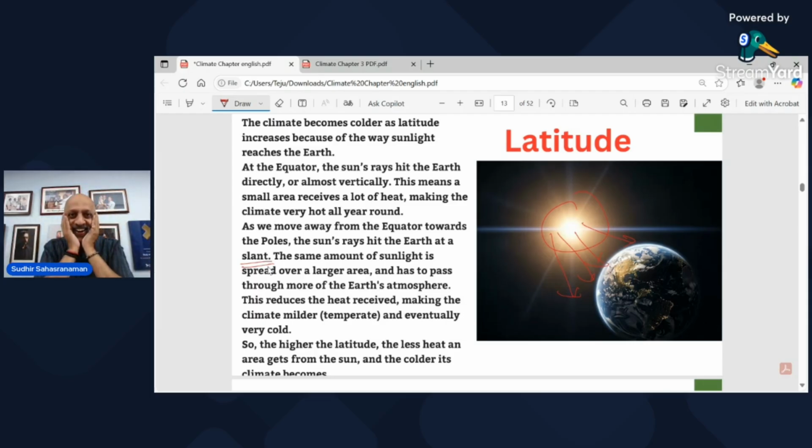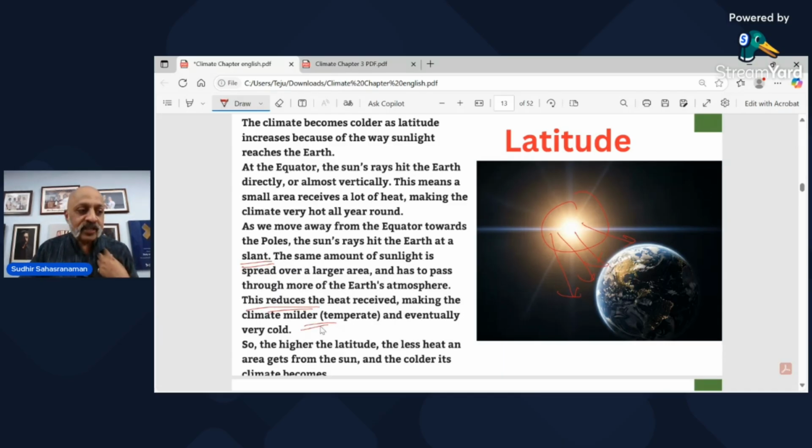If my head is an earth, okay, I'm not afraid of making fun of myself, if this is the equator, it will hit directly, the sun. But when the sun has come here, when it is hitting, it is going to cover the area from here to here. So a larger area is getting covered by the same amount of sunlight, and therefore it has to pass through more of the Earth's atmosphere, and this reduces the heat which is received by our planet Mother Earth.